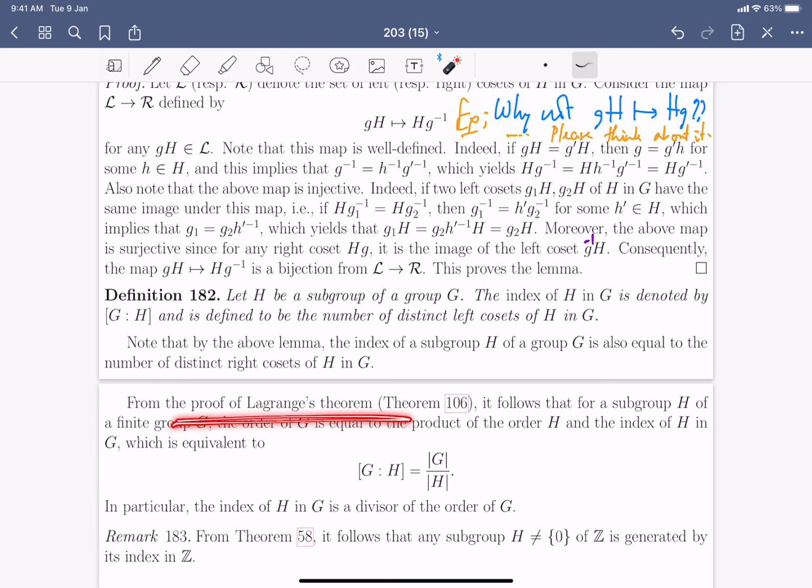If you go back to the proof, you will see that we have actually shown that for a subgroup H of a finite group G, the order of G is equal to the product of the order of H and the index of H in G.